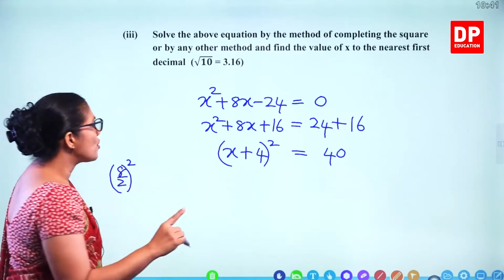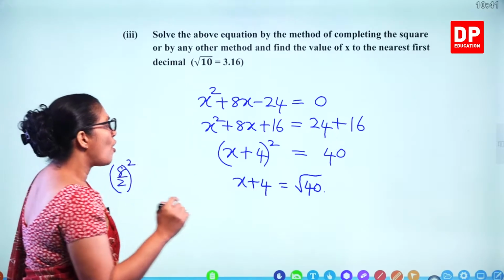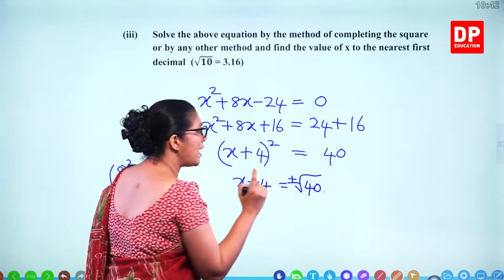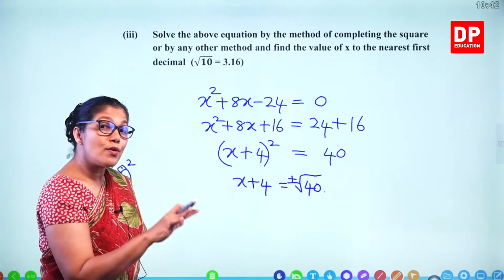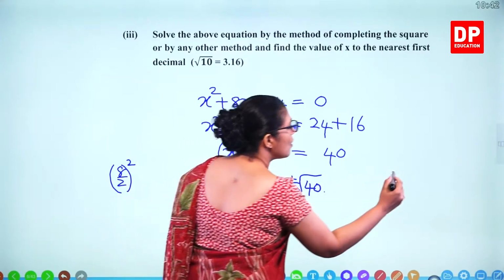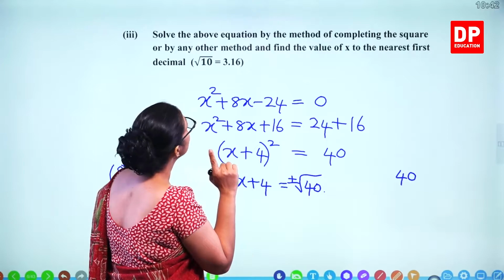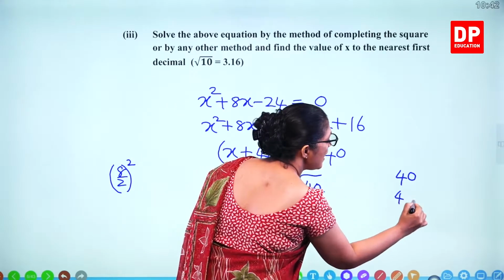Take square root both sides. x plus 4 becomes square root of 40. Simplify square root of 40 and you have to put plus or minus. When you take a square root, either you can get plus value or negative value. So 40, how can you write? What's a square number? 4 times 10.